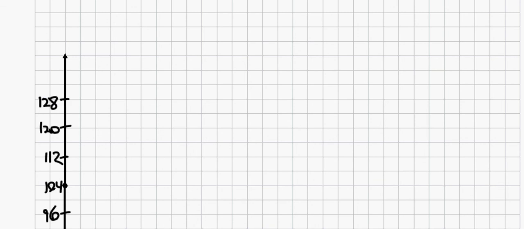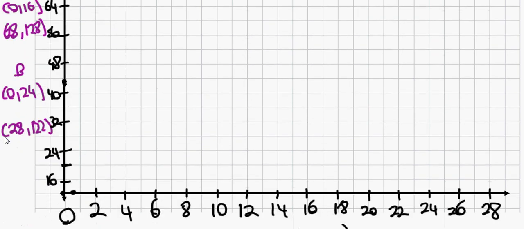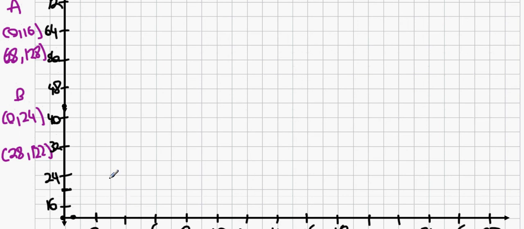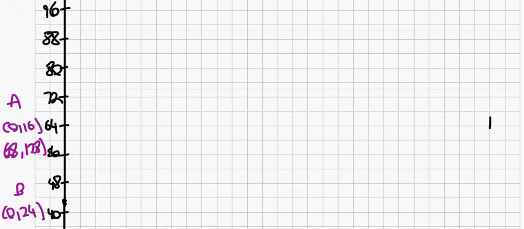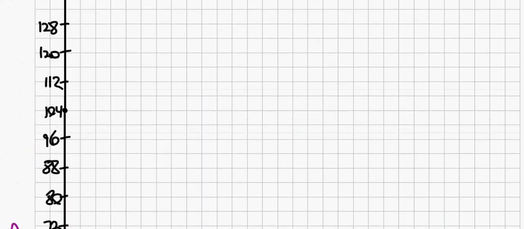So that's what we're looking at here, okay? Now, we're going to start off with our first one, which is 0, 16, which is here. And then we're going to go for 28, which is this line here. 28 and 128, which is going to be there.